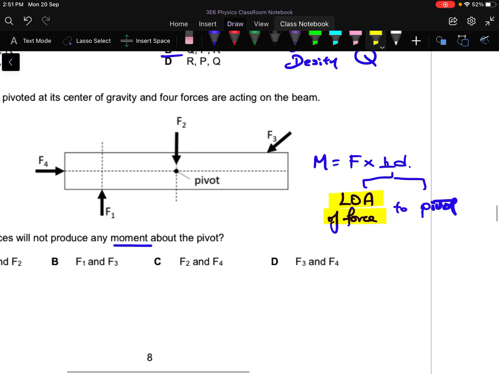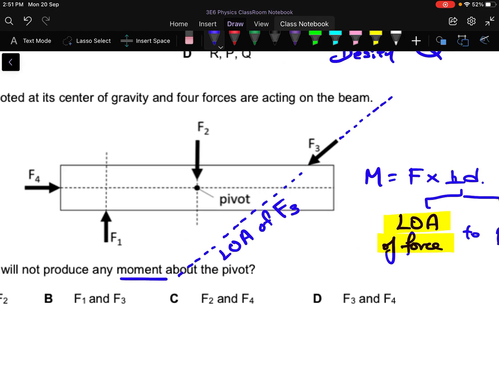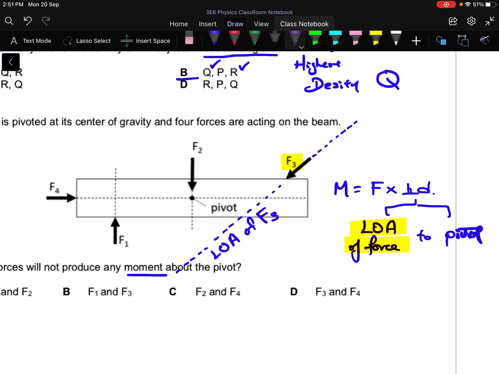The line of action of a force simply refers to extending the vector. So this is the line of action of F3. F3 is here. The perpendicular distance will be from the pivot to the line of action of force 3.